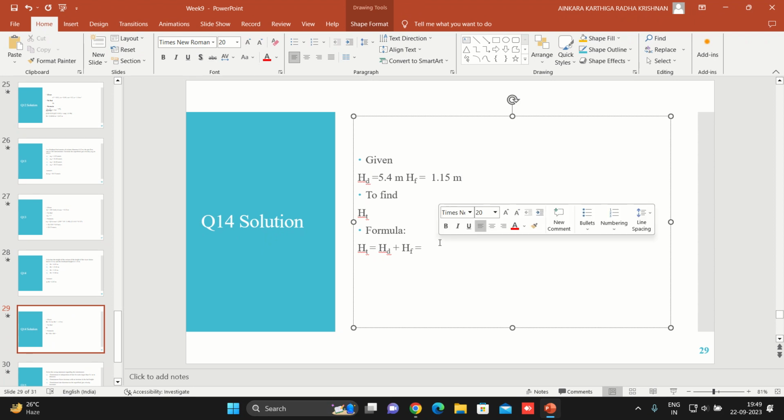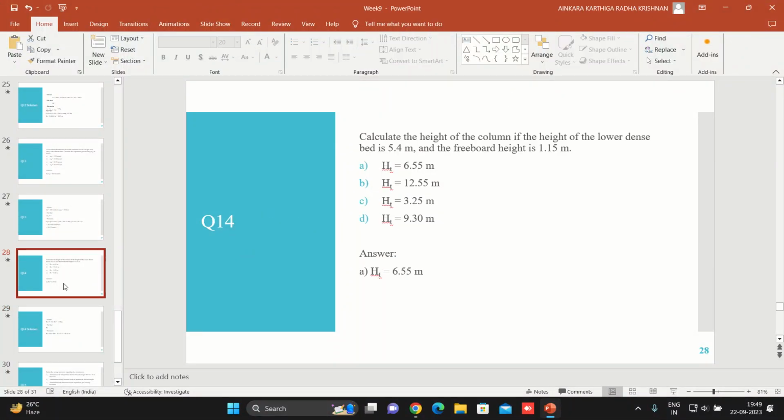So what is 5.4 plus 1.15? It is 6.55 meter. So the total bed height is 6.55 meter, which is given as option A. So option A is the right answer. That is the height of the total bed, that is the height of the column, 6.55.